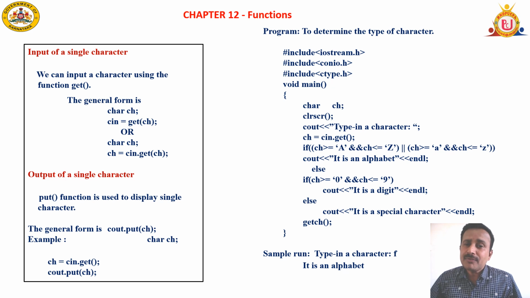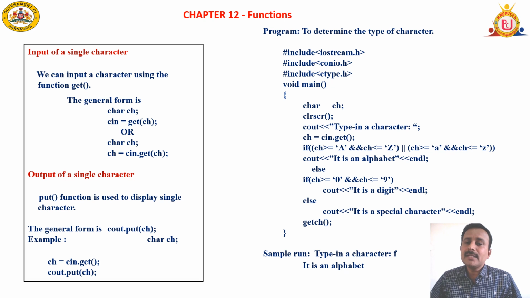If it is between capital A and Z, or, this is the logical OR operator, if it is between small letter a and small letter z, ch is greater than or equal to 'a' and ch is less than or equal to 'z', then it will be an alphabet. It is going to print cout: it is an alphabet.